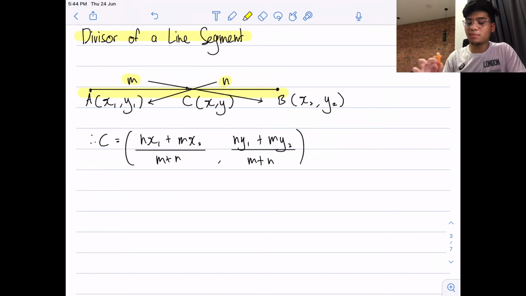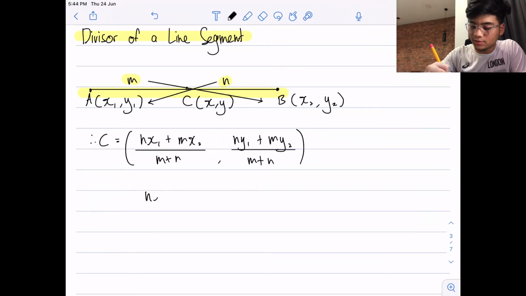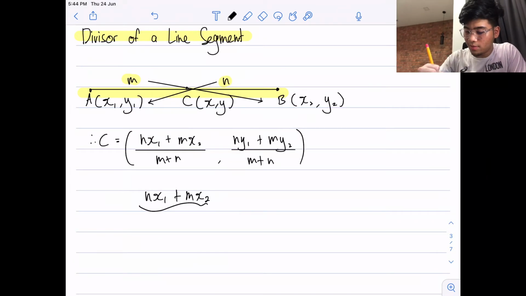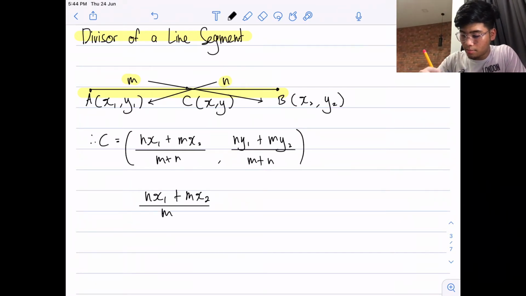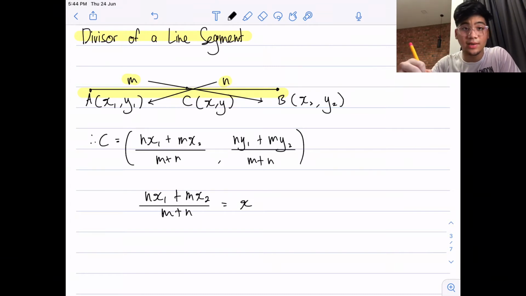And you always have to keep in mind that the denominator will always be M plus N. Actually, this can be deduced to nx1 plus mx2 over M plus N equals x, in this case the x value of C.